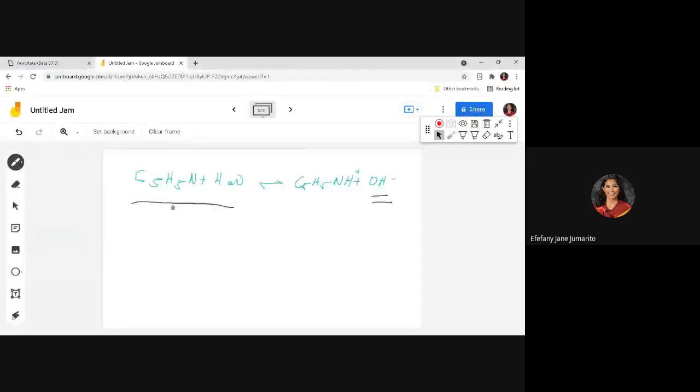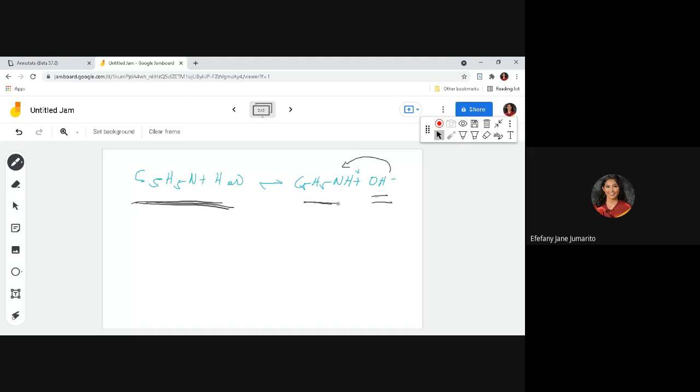It will donate H. In the reverse reaction, it does not work. So it means that your OH minus is not the conjugate acid here. The conjugate acid is the one who donates protons, and the product will be this one when we go to our reverse reaction.